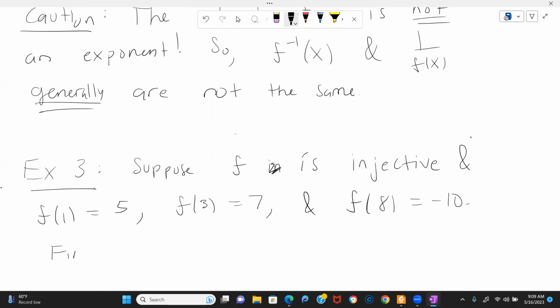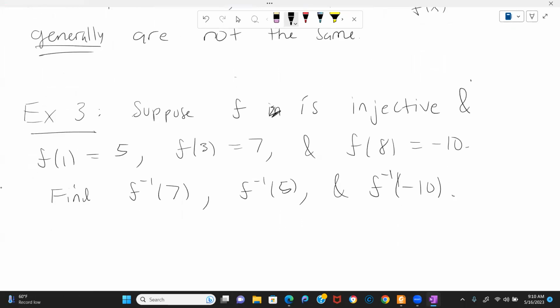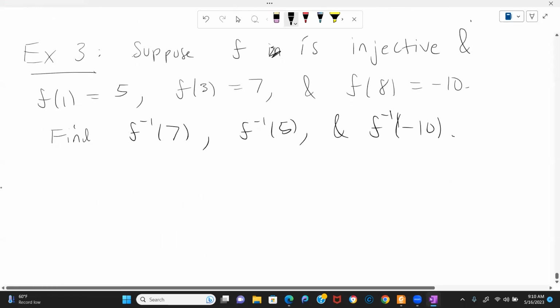And we want to find f inverse of 7, f inverse of 5, and f inverse of -10. I'll just do the first two because it's going to be the same for all the other cases.